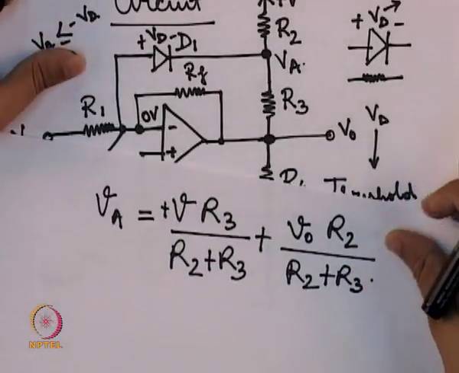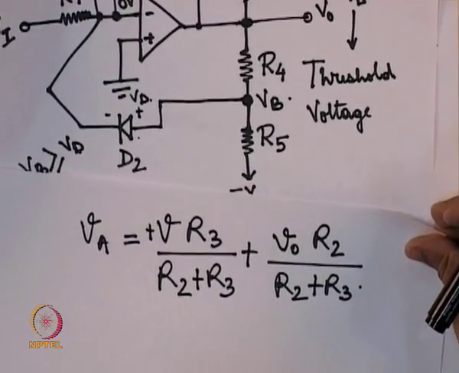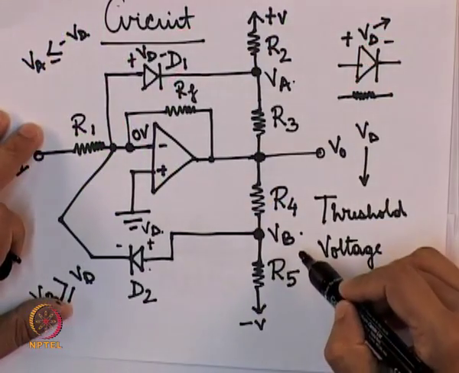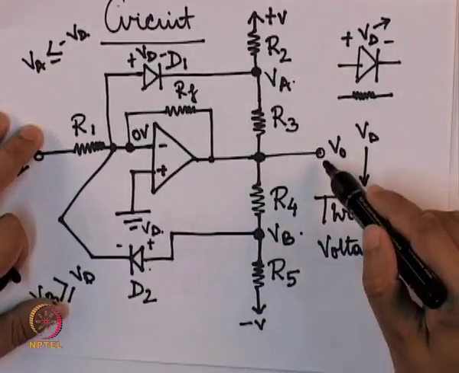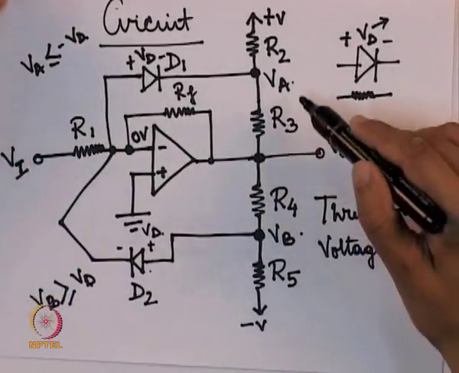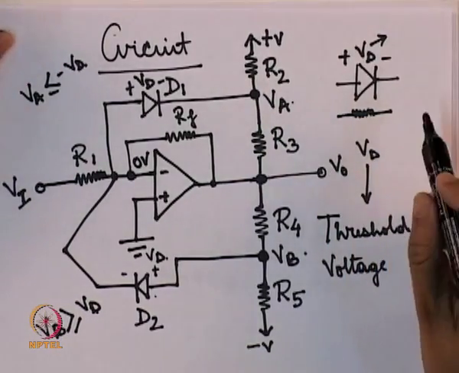Similarly, we can write an expression for the lower part, Vb. The only difference between Va and Vb is that Vb is influenced by minus V and V0, whereas Va is influenced by plus V and V0. Therefore, proceeding similarly, we can write an expression for Vb.